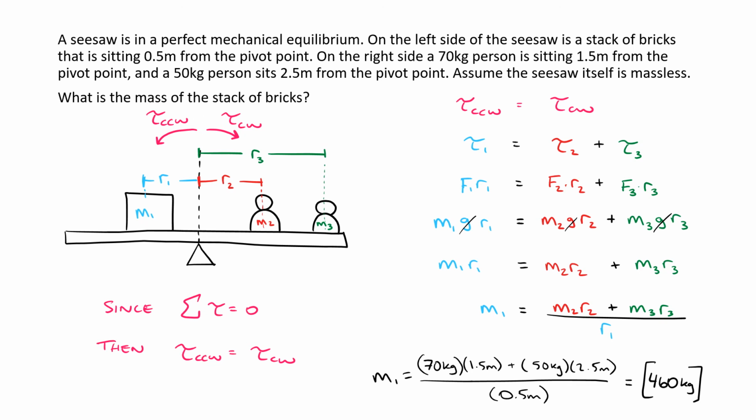For the first one, the torque of that first object, mass 1 at radius 1, is the only thing trying to make it twist counterclockwise. What's trying to twist it clockwise is these two people, so we have to find the torque of the second person and the torque of the third person.